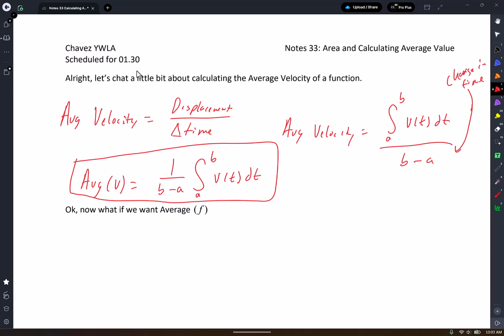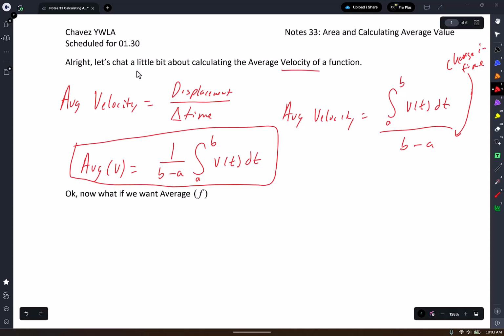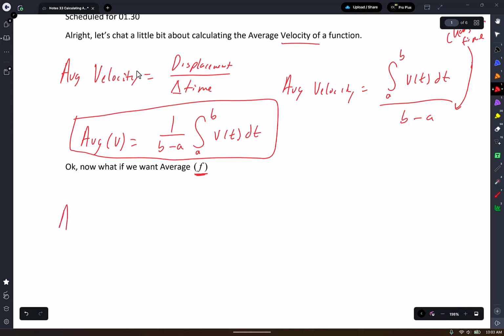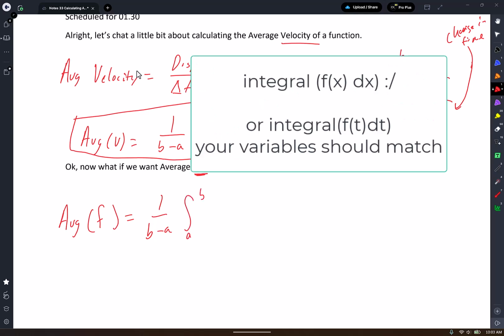Okay. So if I change the words and instead of saying average velocity, I say I want the average f value. What do you think? Use your context clues from above. So how do I find the average of f? Yeah, that's it. That's your formula. 1 over b minus a times the integral from a to b of f of t dt or f of x dx.